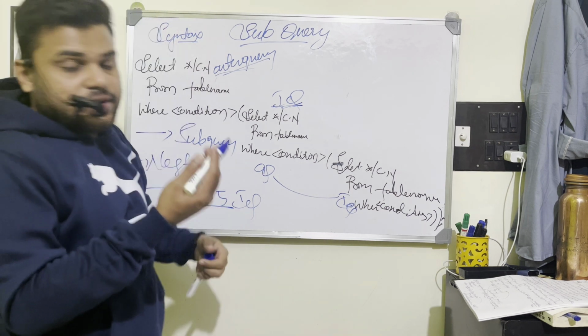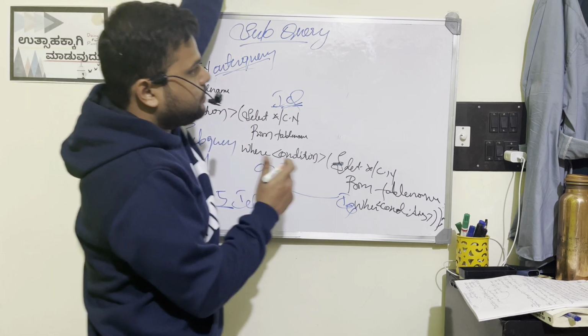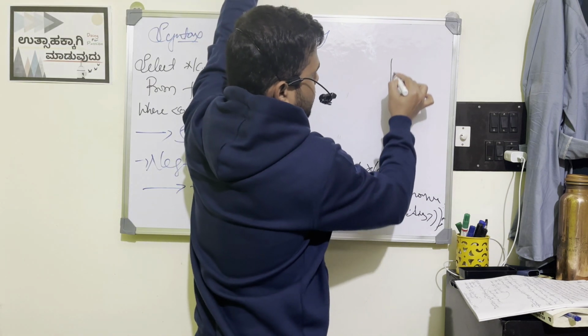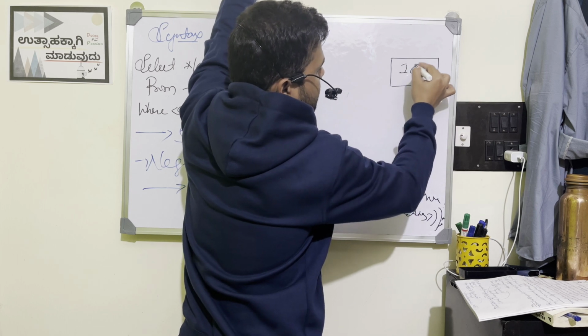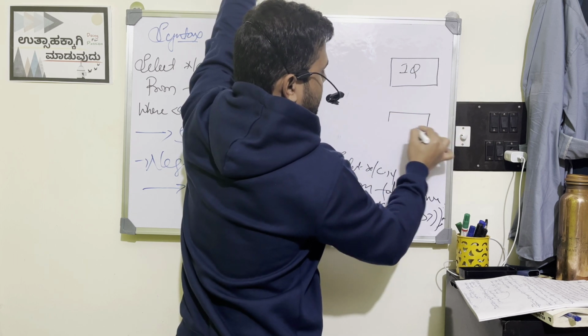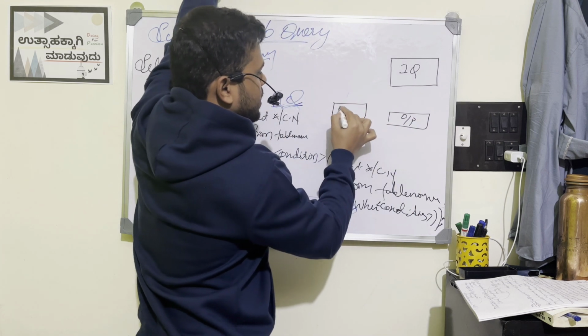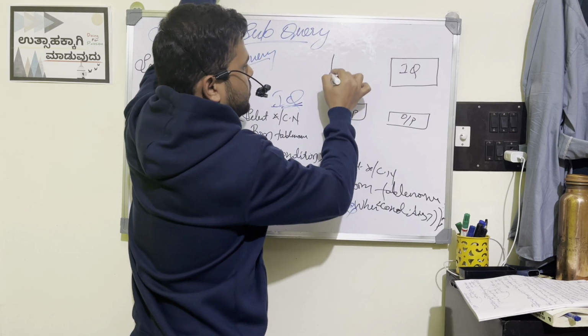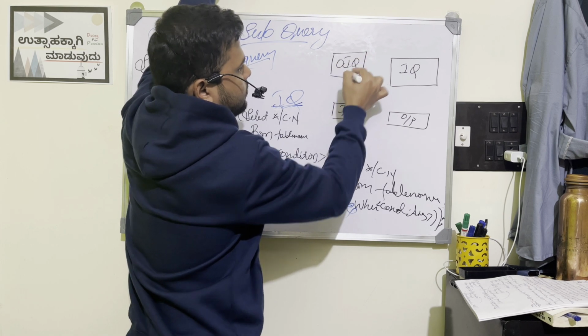Now we will move to the working mechanism of subquery. I will write a diagram here. This is the inner query, output, input. This is the outer query.